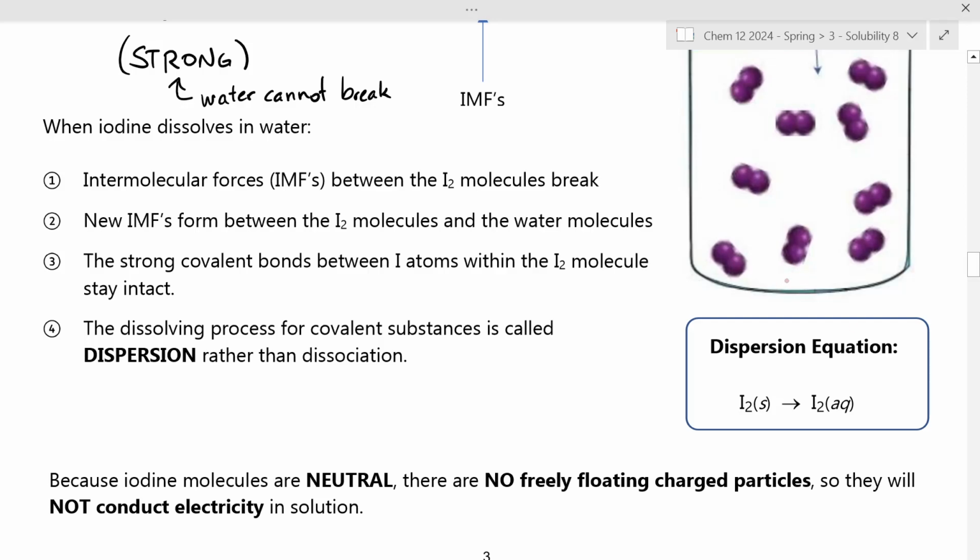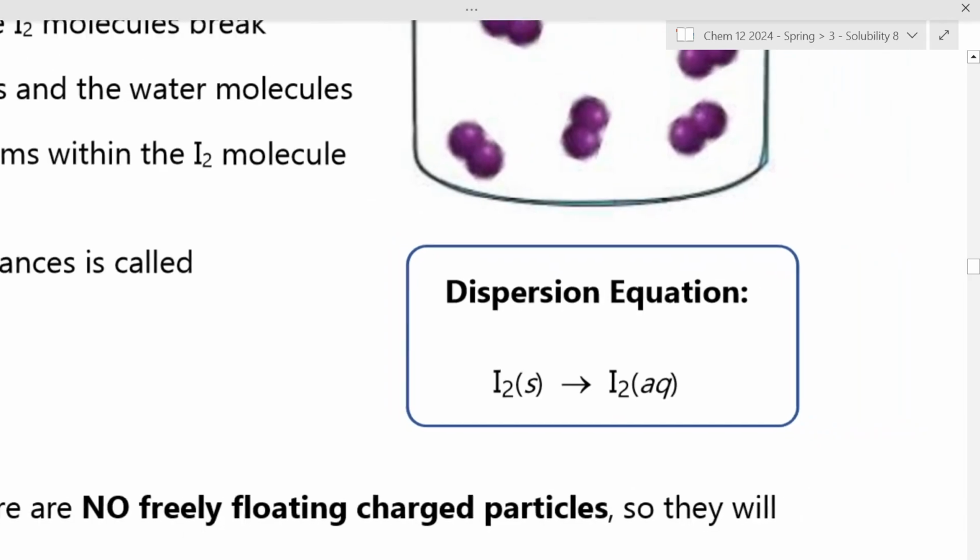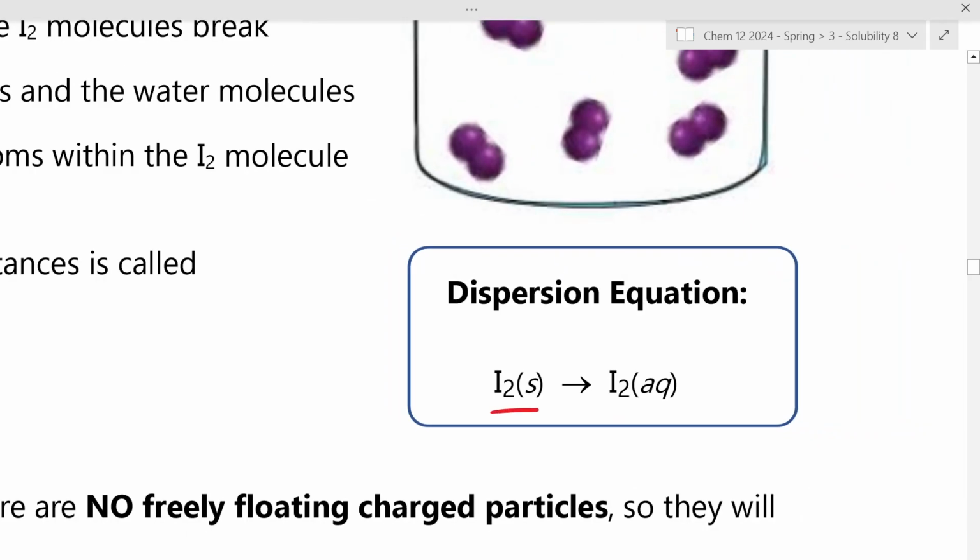They don't split apart. So we started with I2, and we finished with I2. They're just mixed now. Are there any charged particles? No. No charged particles. Therefore, is this an electrolyte?